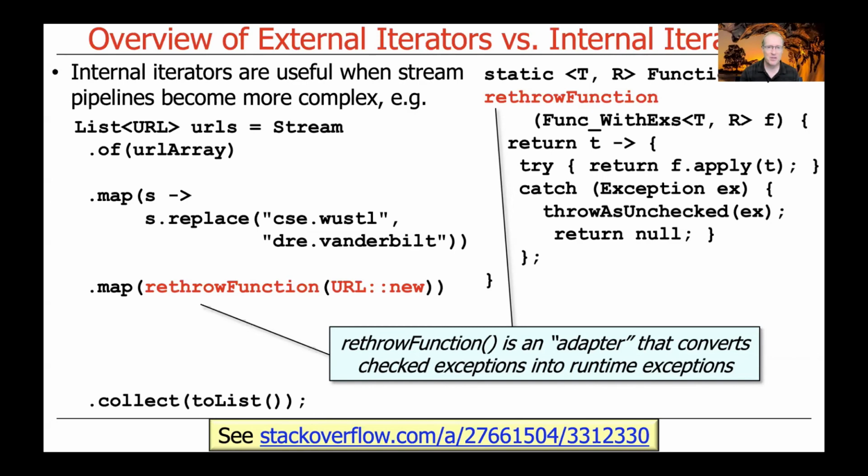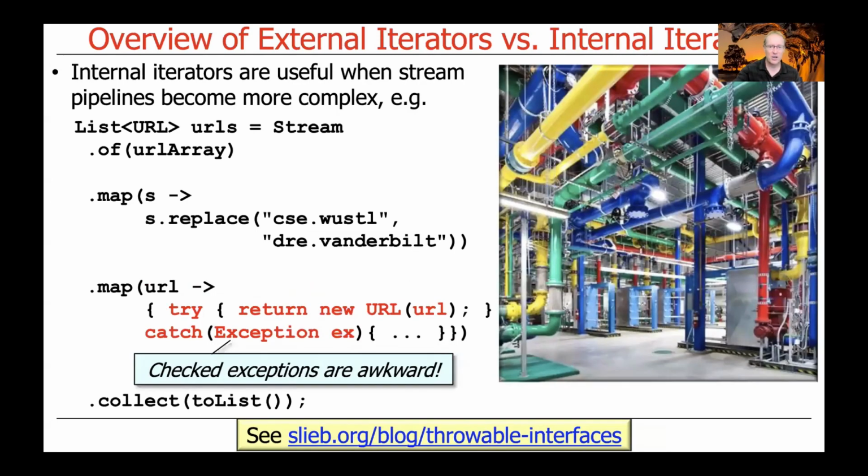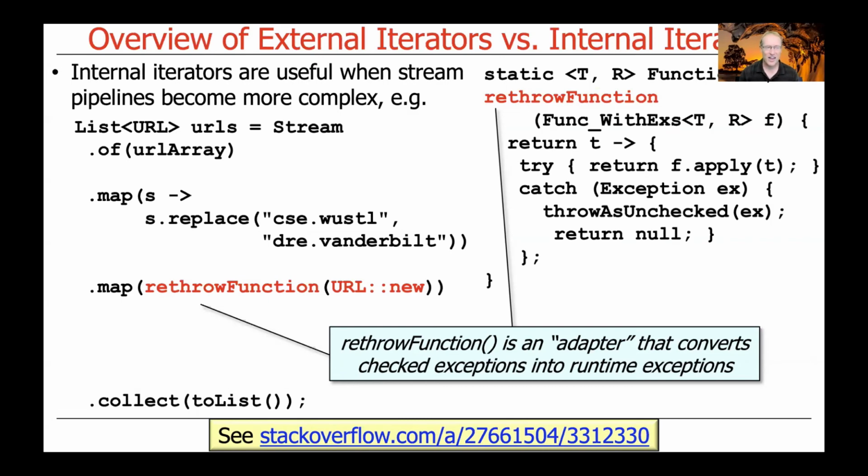And so what's nice about this is we no longer have to write this kind of hideous, ugly code, but instead we can write code like that. And there's a lot of benefits to doing this. You'll see that a lot of the modern Java classes now have come up with alternative methods that don't use checked exceptions, but instead use runtime exceptions.